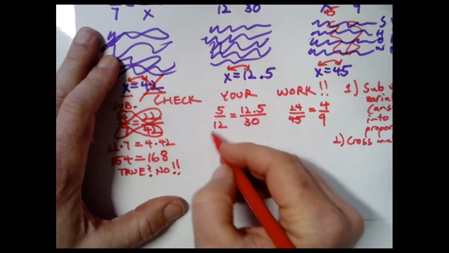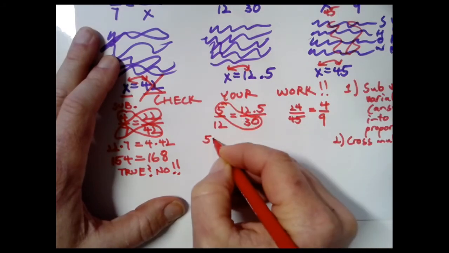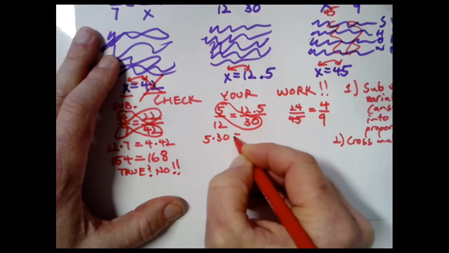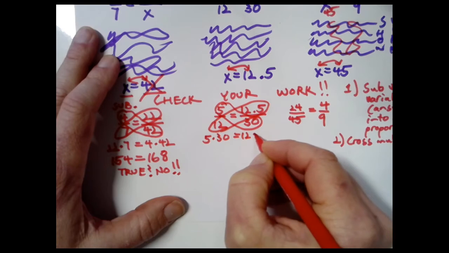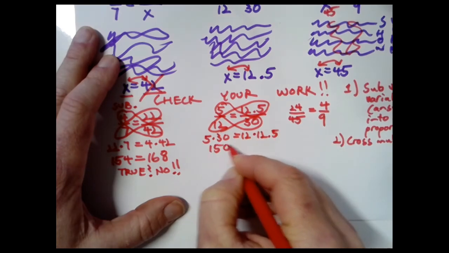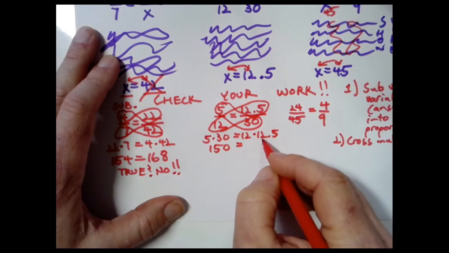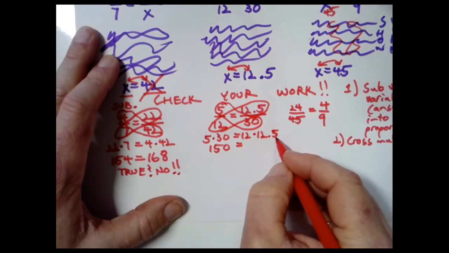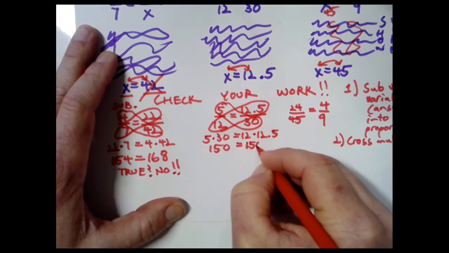Cross product. 5 times 30 on one side. 12 times 12 and a half on the other side. 5 times 30 is 150. 12 times 12 is 144 plus half of another 12, which is 6, which is 150.